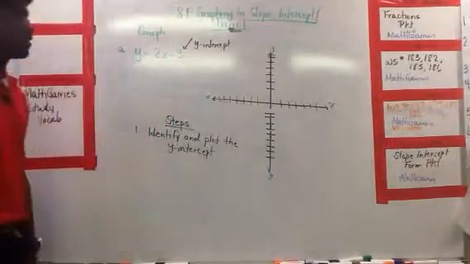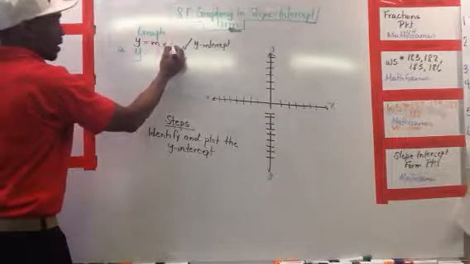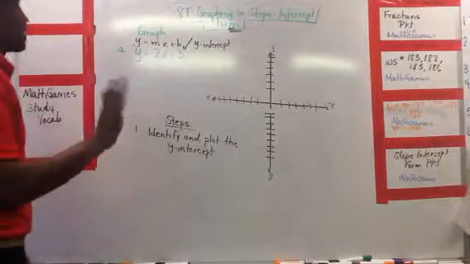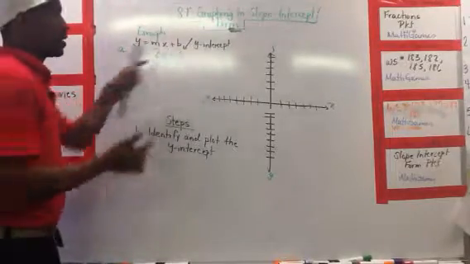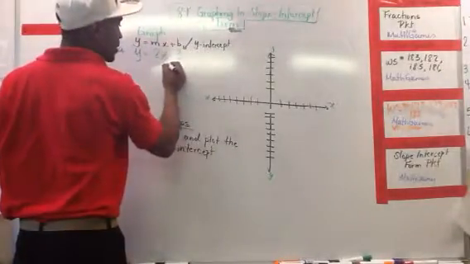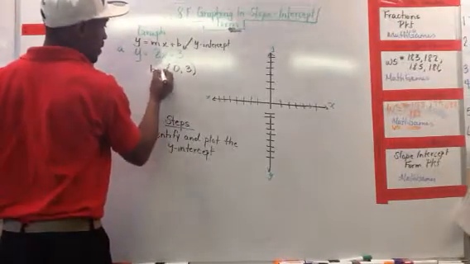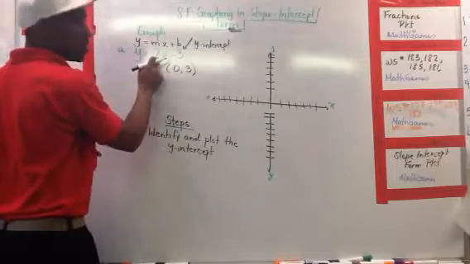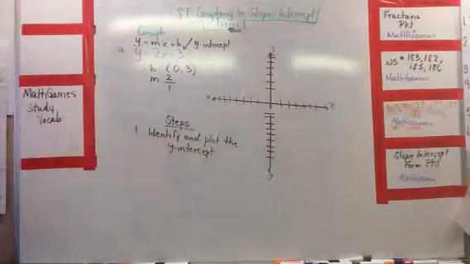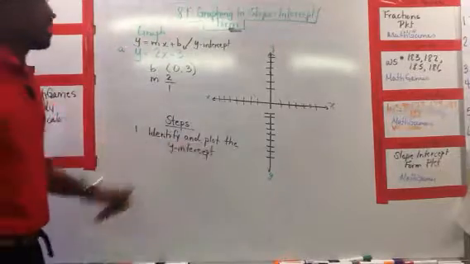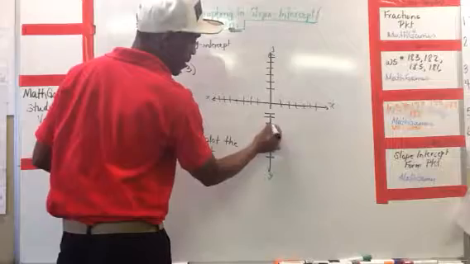That's our b in the equation. Okay? So if our y-intercept is at -3, the point is (0, -3). That's our b. And our m is 2, or 2 over 1, because slope has to be written as a fraction. So after you've identified and plotted the y-intercept, (0, -3) is right here.